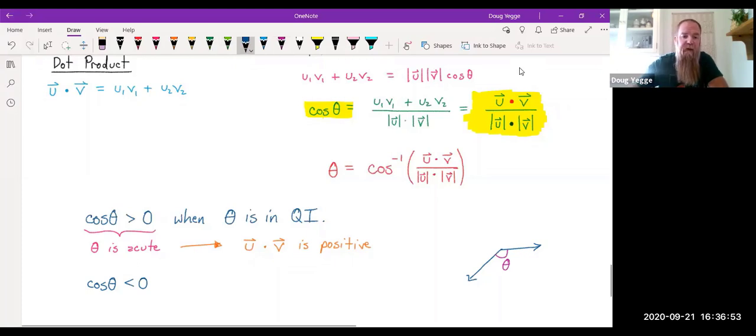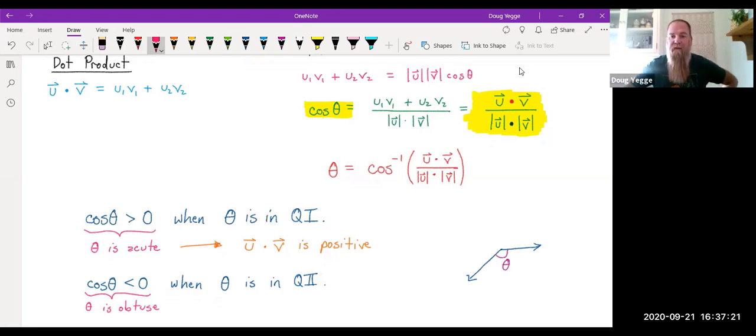But I know that cosine of theta is less than 0 in the second and third quadrants, but the angle between vectors could never be a third quadrant angle, so that's only going to happen when theta is in quadrant 2. Now, if theta is in quadrant 2, that means that theta is an obtuse angle. It's between 90 and 180. But again, if we know that cosine of theta is going to be negative, that means this whole quantity here will be negative.